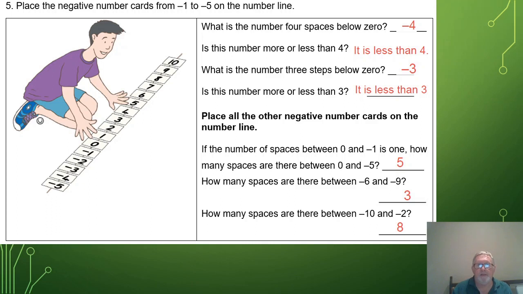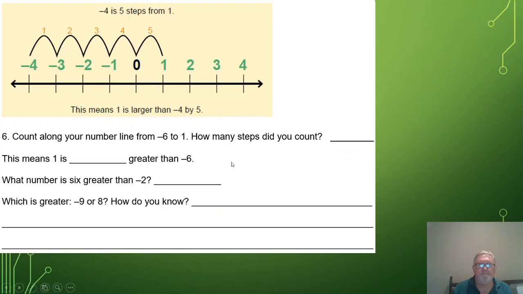So we're using our number line here to help us count and work out the number of steps between positive and negative numbers. If I jump onto a number line like this, with my negative numbers here and my positive numbers, -4, this one here, is 5 steps away from 1. 1, 2, 3, 4 take me to 0, and the 5th one takes me to 1.